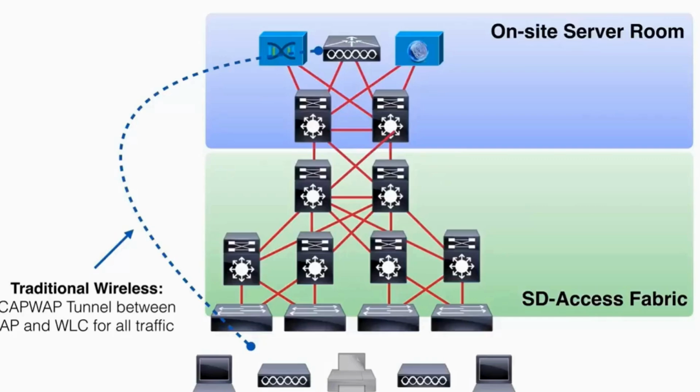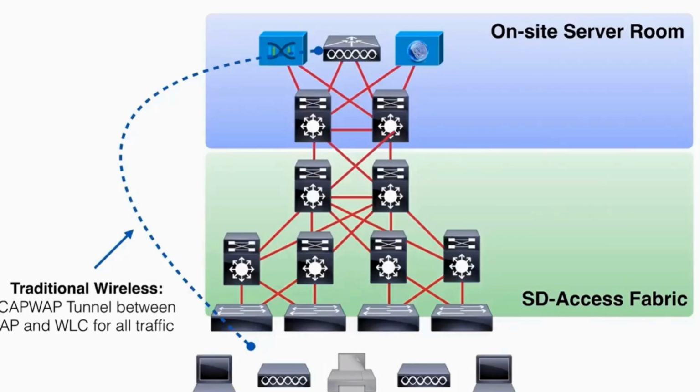And when we have that traditional model, all of the control plane and the data plane traffic from the wireless clients is moved from the access point, and it's tunneled through the wireless LAN controller using CAPWAP tunnels. We've talked about those already as well. And that allows the wireless LAN controller to handle everything, both the control plane and the data plane traffic.